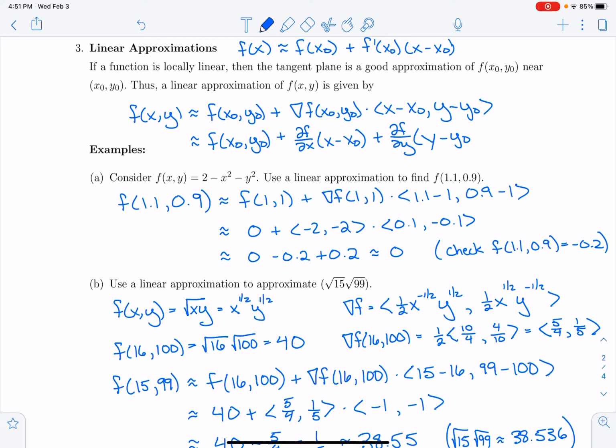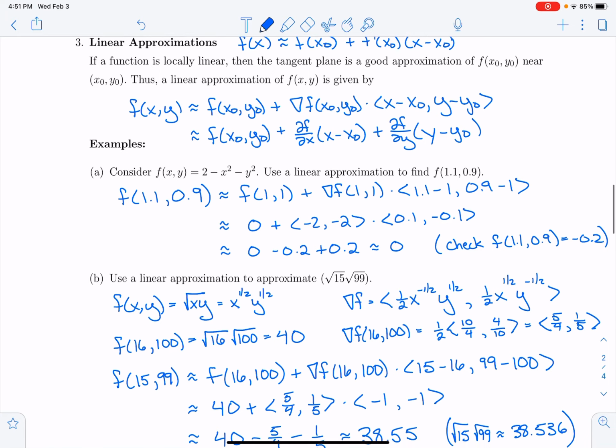And you can see a nice symmetry here to the linear approximation formula above. Before we only had one derivative, so that derivative got multiplied by x minus x0. Now we have two different partial derivatives, both of which are going to be multiplied by x minus x0 and y minus y0.